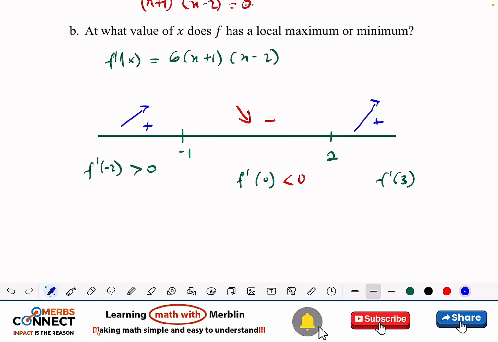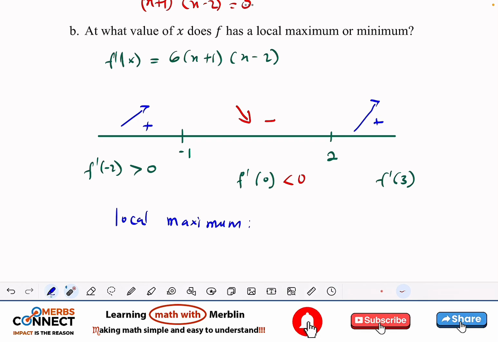Now, when we are talking about local maximum, we are looking at the x value that maximizes the function, right? So we can see that local maximum goes like this: positive, negative. Anytime you see positive before negative, it means that we are going to have a local maximum. You see that there is positive here, there is negative.